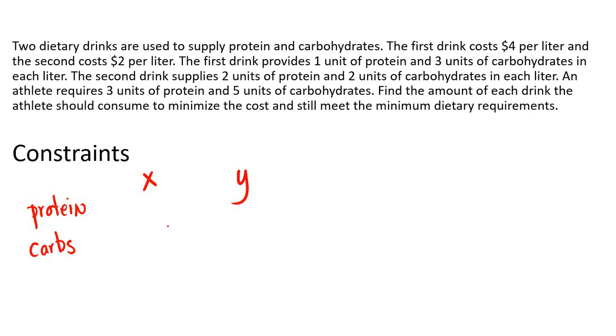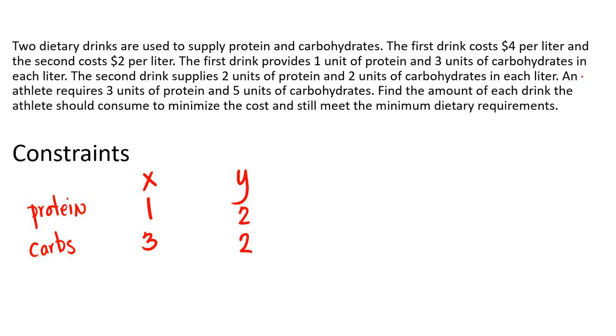First drink provides 1 unit of protein, so we could put here 1, and carbohydrates, that would be 3. And then the second drink will supply 2 units of protein and then 2 units of carbohydrates.